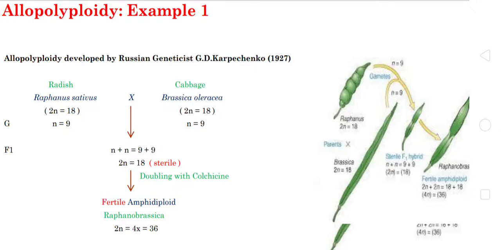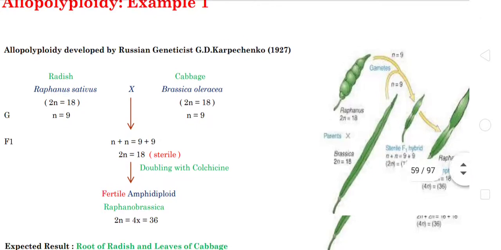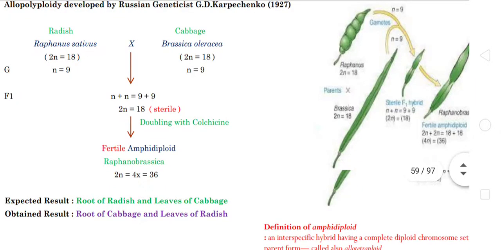I already said about colchicine. It's a type of chemical which is derived from one plant. If you apply this chemical to the F1 hybrid plant, it doubles the chromosomes, so that the F2 becomes fertile in nature. So 2n has 36. How did the 36 arrive? By doubling the chromosomes, so 2n is equal to 4x, and 4x is equal to 36.